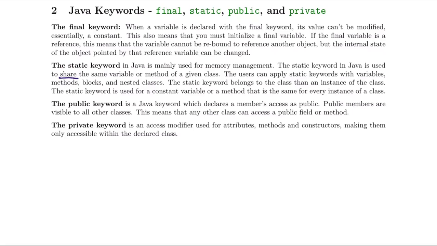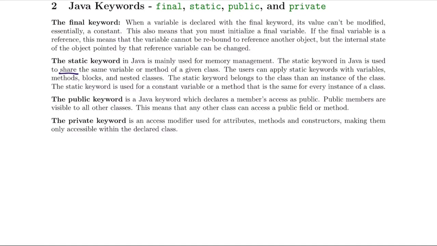You can apply the static keyword with variables, methods, blocks, or nested classes. The static keyword belongs to the class rather than an instance of the class. It is used for a constant variable or a method that is the same for every instance of a class.